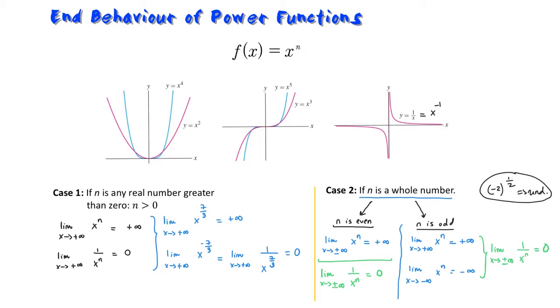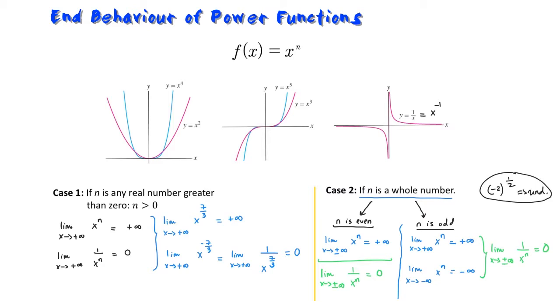Now, you can try to memorize these rules over here, but I'm going to say don't. Just think of the graphs. You can reach the same conclusions just by thinking of the graphs of power functions, just by focusing on the nature of the exponent. Is the exponent even? Is it odd?